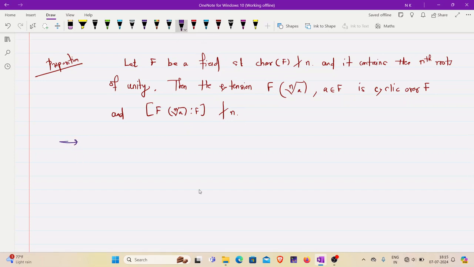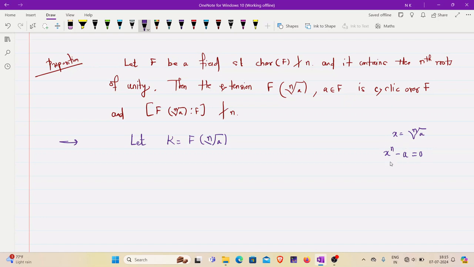Proof is quite simple. First of all, let us abbreviate F(nth root of a) as K. So let K equal F(nth root of a). F contains all the nth roots of unity, right? So it's quite obvious that F(nth root of a) contains all the roots of the polynomial x^n minus a, because if I put x equal to nth root of a, it satisfies x^n minus a equal to 0.